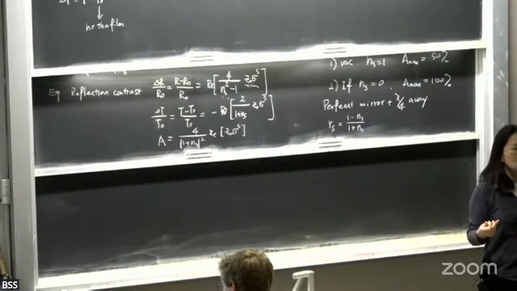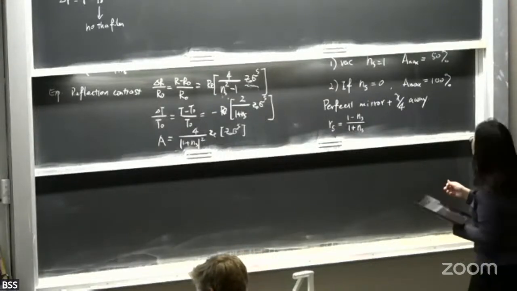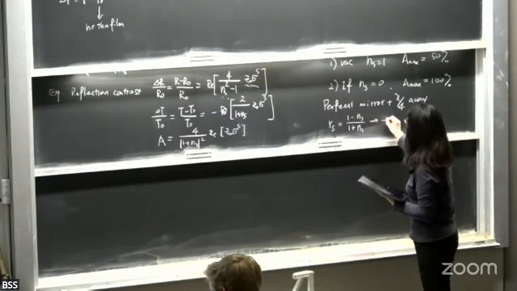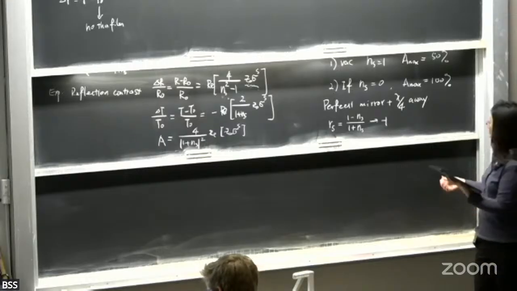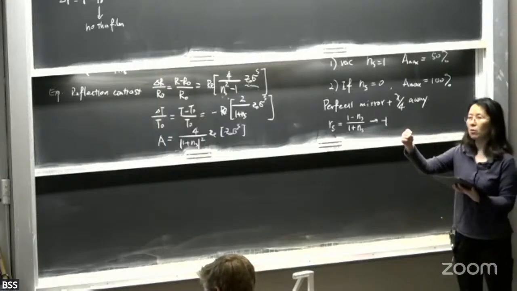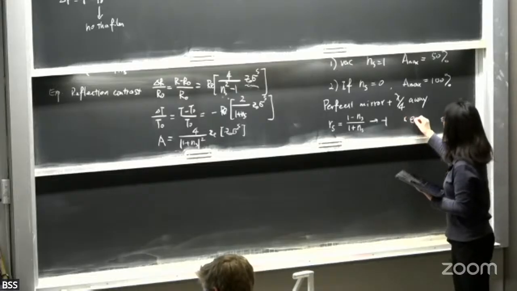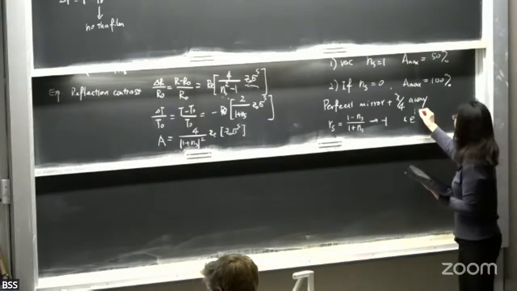For a perfect mirror, this is -1, right? That's from Maxwell's equations. And then if you move it a quarter wave, this needs to be multiplied by e^(i pi), since for a quarter wave the round-trip shift is pi, right?